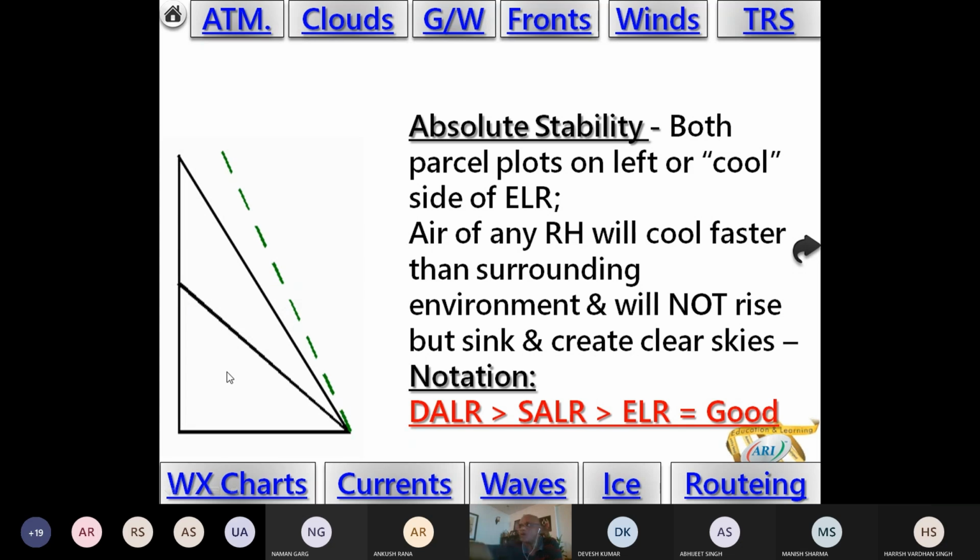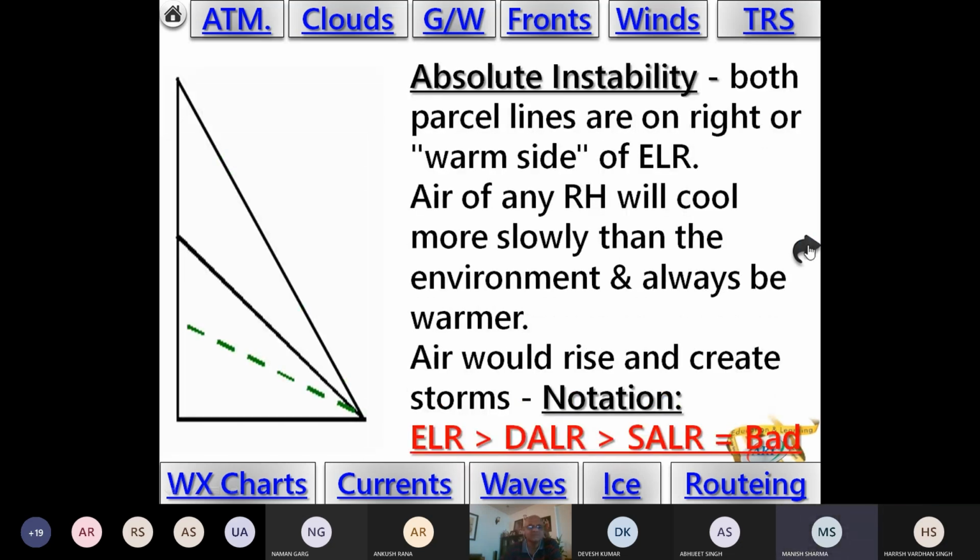The air will not rise as quickly as in case of warm conditions. Similarly, absolute instability would be when both these lines are on the warm side, which is the right side. The ELR is greater than DALR and greater than SALR. That means we are in a bad situation. Extreme case. They both are on the warm side. Are you with me?